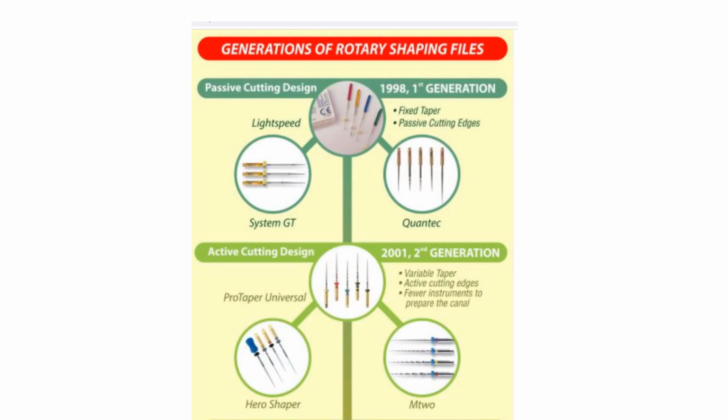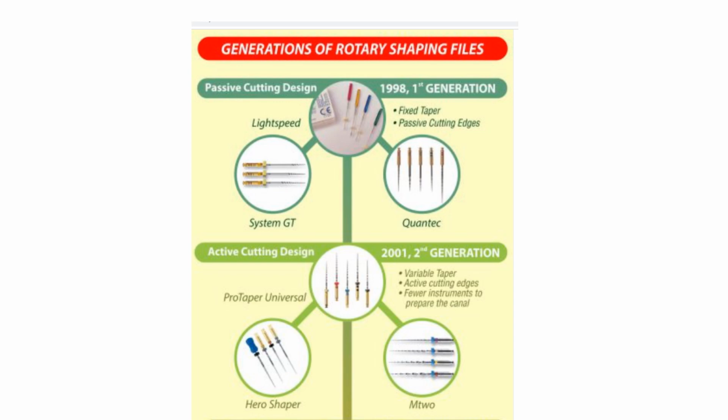Let us have a look at the generations of rotary shaping files. So the first generation came in 1998, and all these file systems had a passive cutting design. That means the cutting efficiency of these files was not that much good.